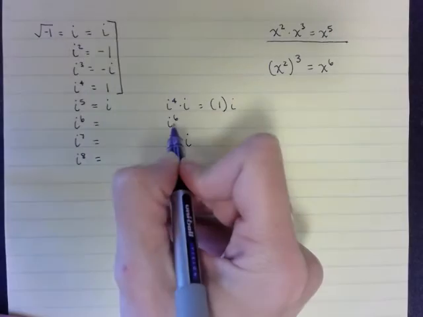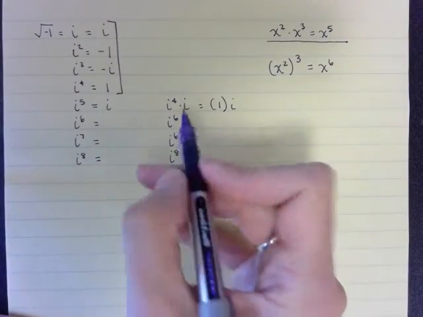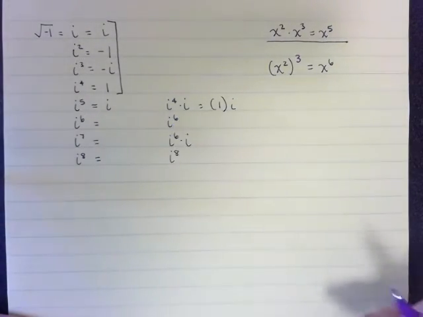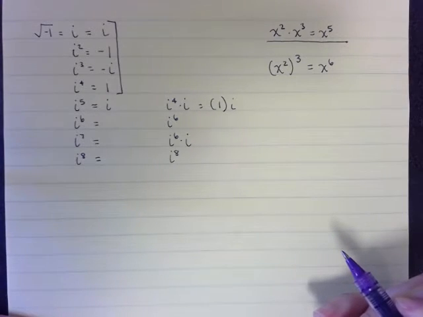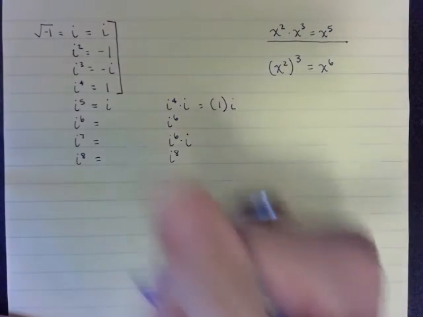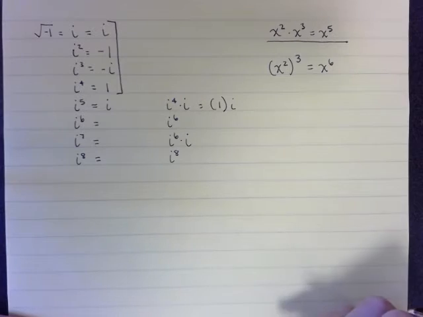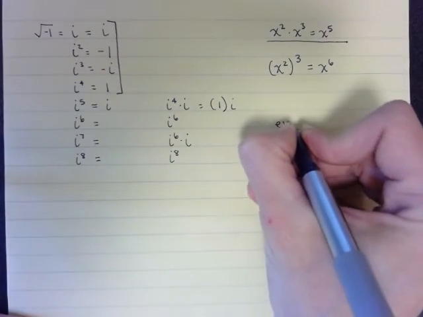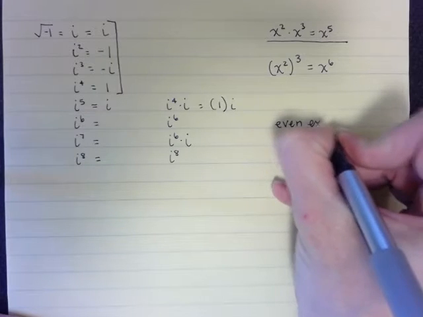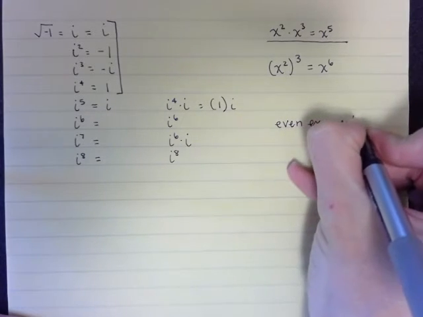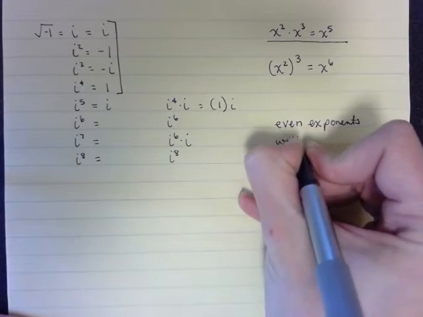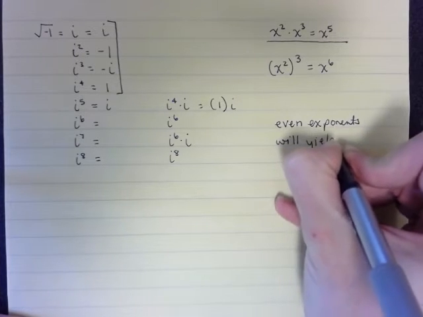Now I have i to the sixth. And the reason why I'm sticking with i to the sixth and not breaking it up at all is because if you did this whole investigation and you saw that there was some kind of pattern going on, all even exponents will yield a negative 1 or a positive 1.